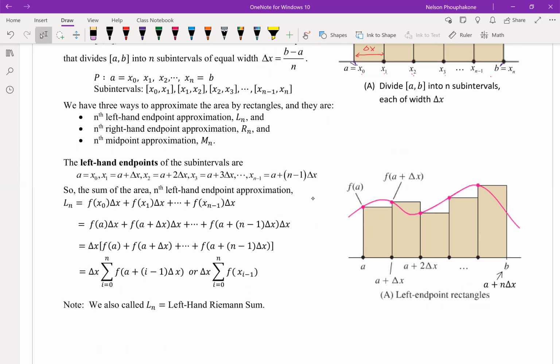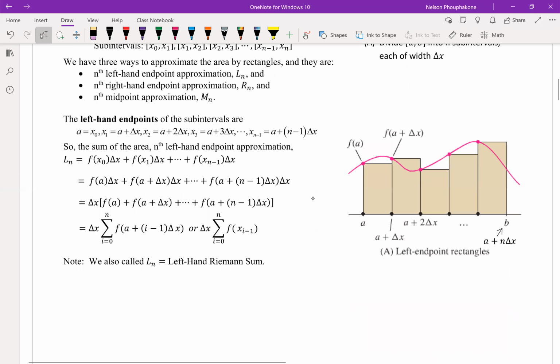So now you will see that here we separate this again. First we work with the x-axis, and then we separate this into n subintervals. And of course the width of each rectangle right here is delta x.